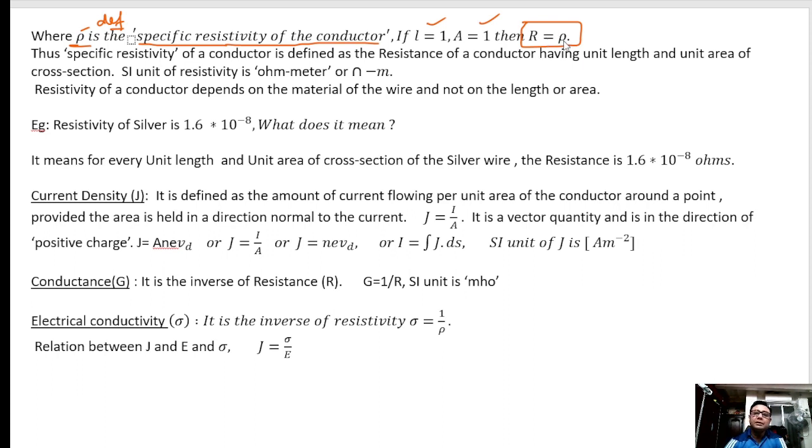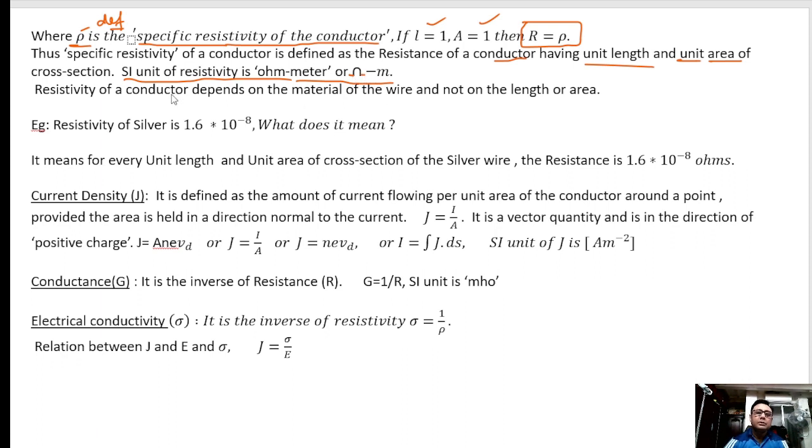Specific resistivity is equal to the resistance of a conductor having unit length and unit area of cross section. And remember, the SI unit of resistivity is ohm meter. Please understand this: the SI unit of resistivity is ohm meter.